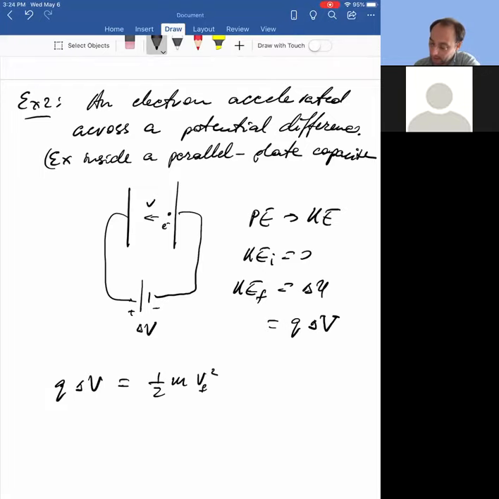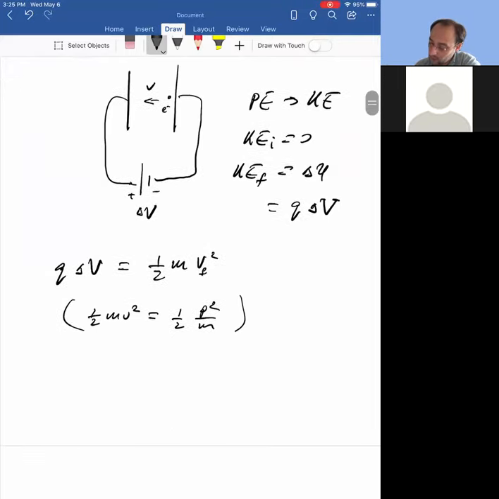Now, 1/2 mv squared, another way to write that is 1/2 p squared over m. It's a very useful way of writing kinetic energy in terms of momentum. In quantum mechanics, we deal mostly with momentum, not velocities. So I have Q delta V equals 1/2 P squared over M, dropping the subscript final.